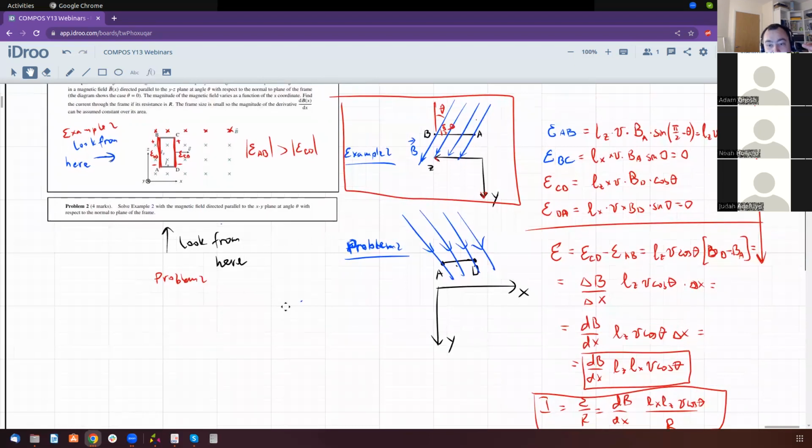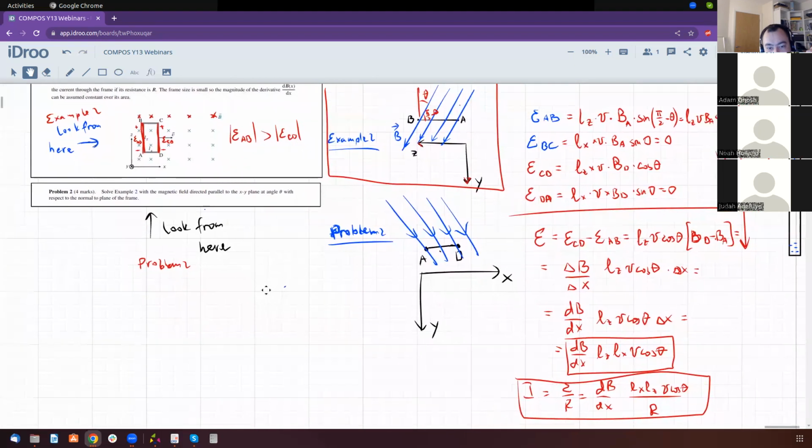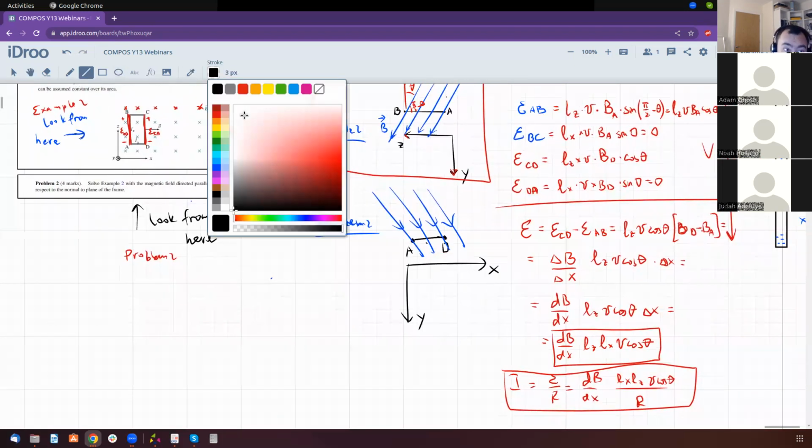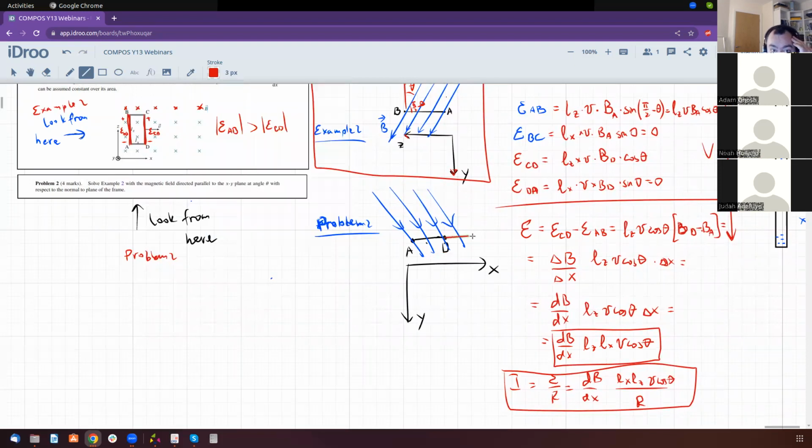The velocity. Okay, so we have the velocity going that way. We have the velocity going that way. And we have the magnetic field going that way. This is the velocity.